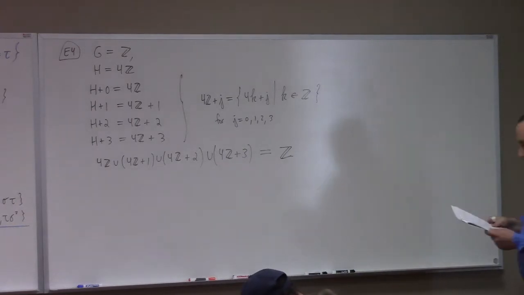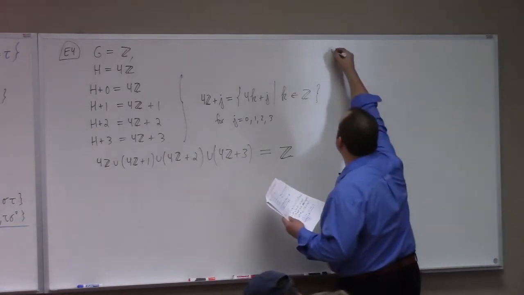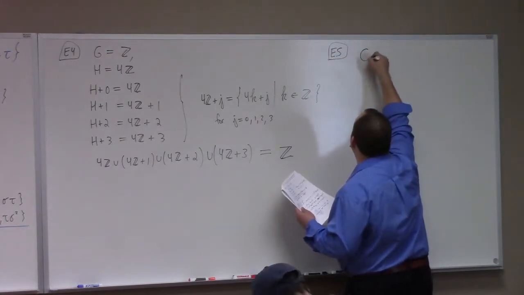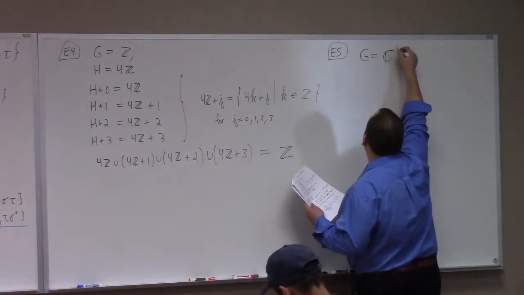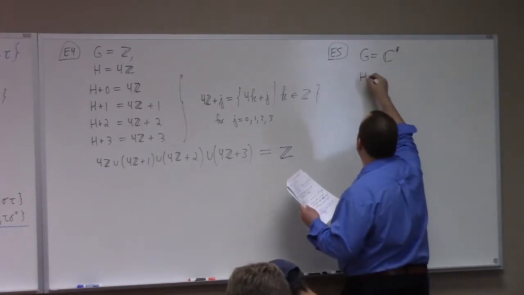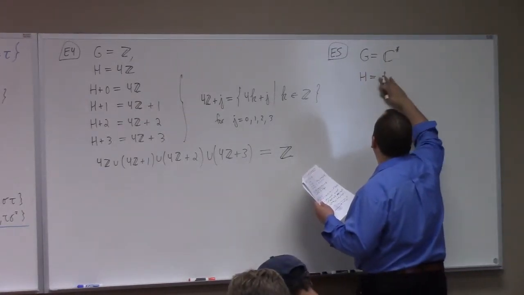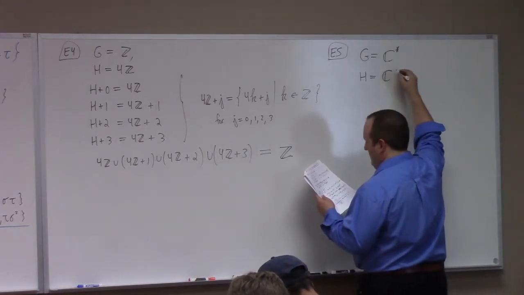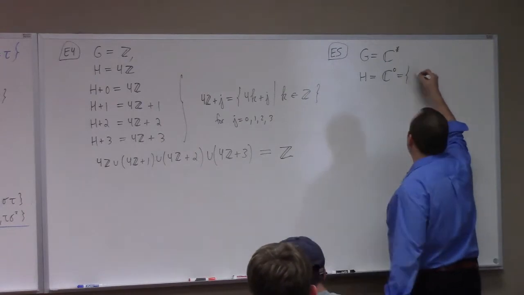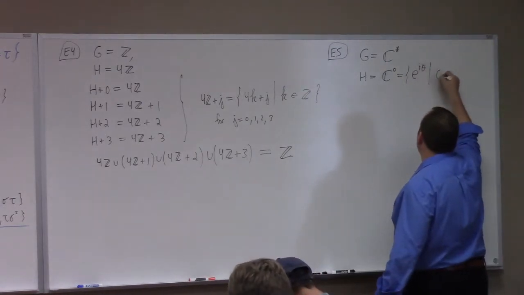That's an equivalence relation. Example 5 I like. Here we have G being the non-zero complex numbers under multiplication, and H the circle group, which we denoted C0. You could call these the unimodular complex numbers. Basically, they're e to the i theta, such that theta is a real number.